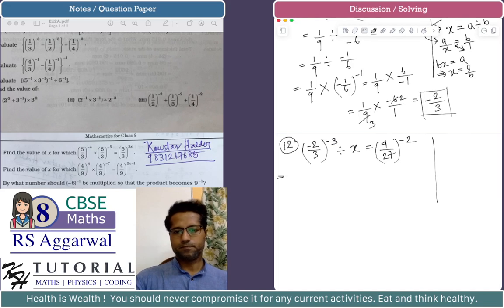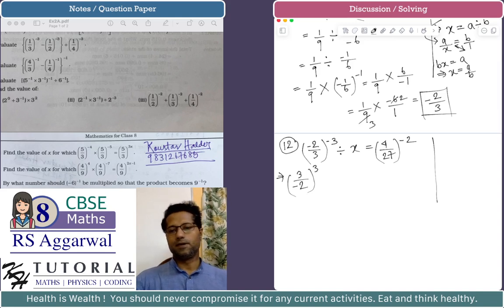This implies minus 2 by 3 raised to the power minus 3, the power is negative minus 3. This will be the reciprocal of minus 2 by 3, that is 3 by minus 2 whole raised to the power 3.